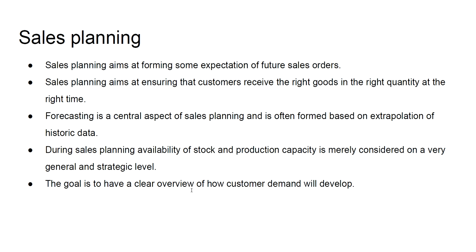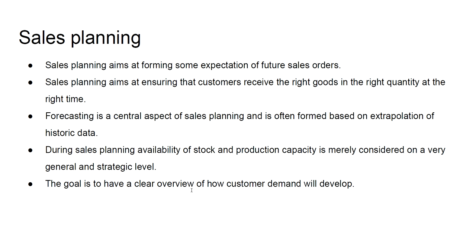The main goal of sales planning is to make sure that future customer demand is satisfied. So this step seeks to create a clear overview of what the market will demand, and there might be some alignment with available capacity and available stock levels.